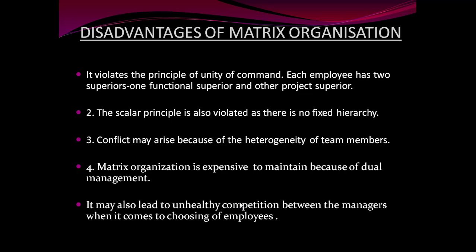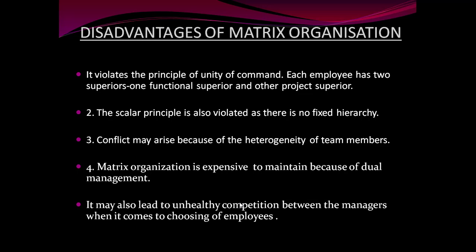The third is there may be conflicts because of heterogeneity of team members. So we see in functional departments, that is in a production department, all the employees will have the skills related to production, right? In the HR department there will be similar type of people having similar skills, but in the matrix organization, there are different types of members from different groups, right?